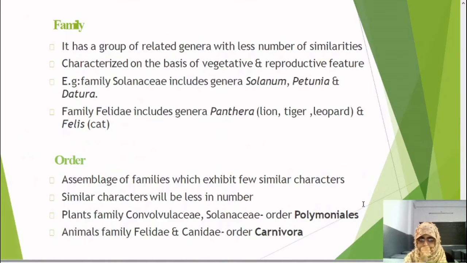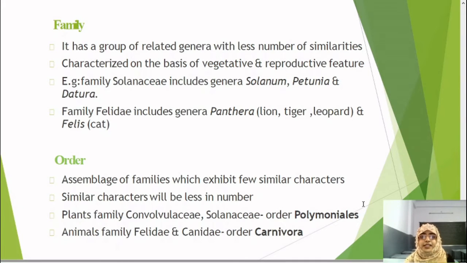Next, we'll go with the family. What is a family? Family is a group of organisms closely related through their genera, kept under a single category called family.